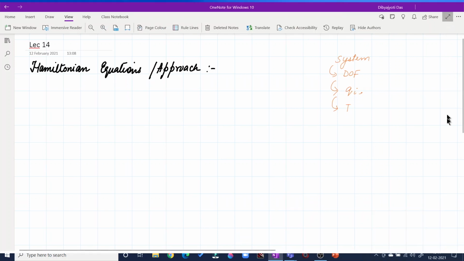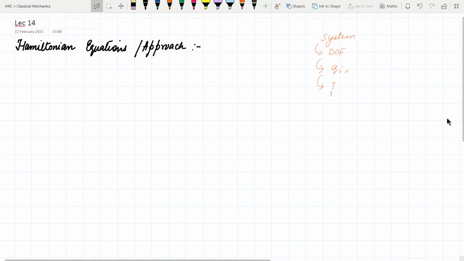Yes, sir. Okay, so in the Lagrangian approach that we talked about, we can break it down into a few steps. First of all, you are given some kind of a system, and then in that system, you try to find out what is the degree of freedom of that system. Whether it consists of one particle or many particles, you try to find out how many independent variables are necessary to be defined uniquely so that we can represent the state of the system uniquely at any given point in time.